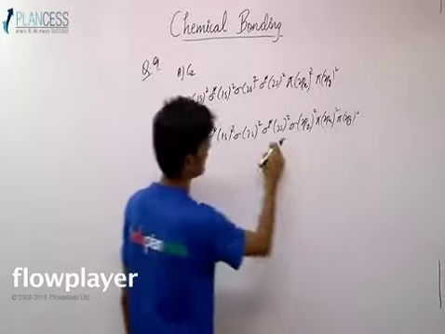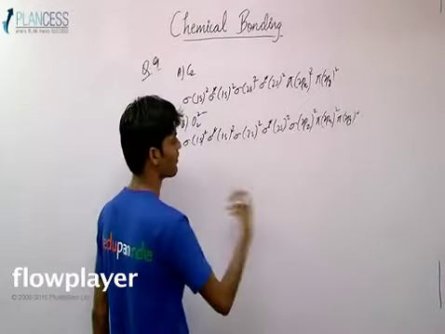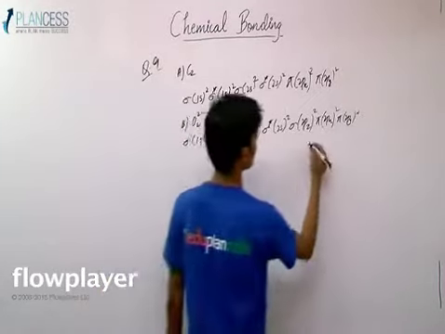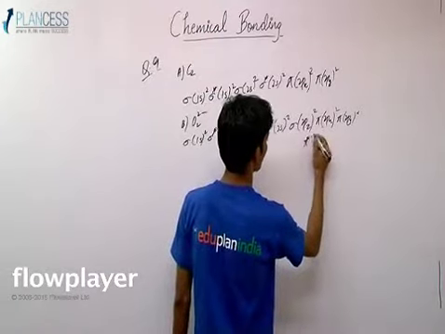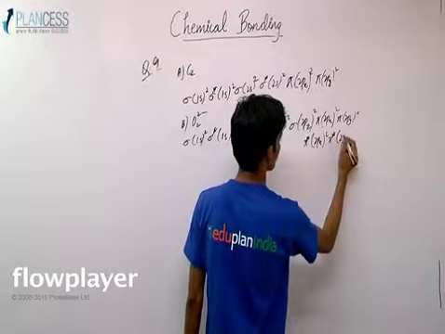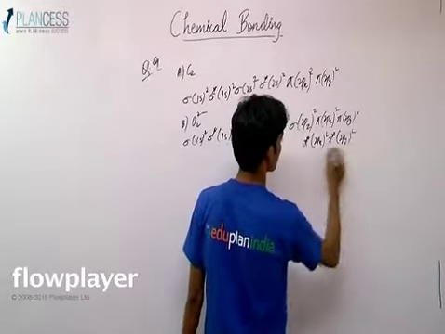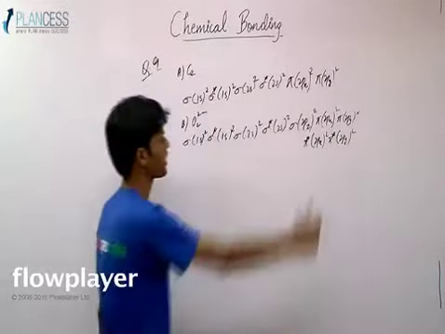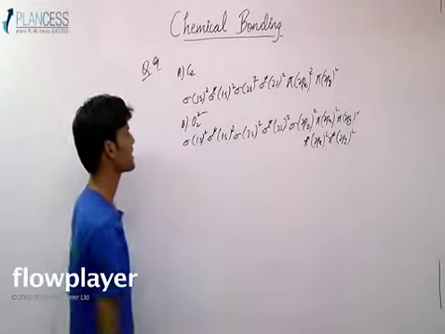So how many electrons have we filled? 14 electrons. We have to fill 4 more electrons. The next would be pi star 2px2 and pi star 2py2, since these both are equal energy levels. So this is also a diamagnetic species.